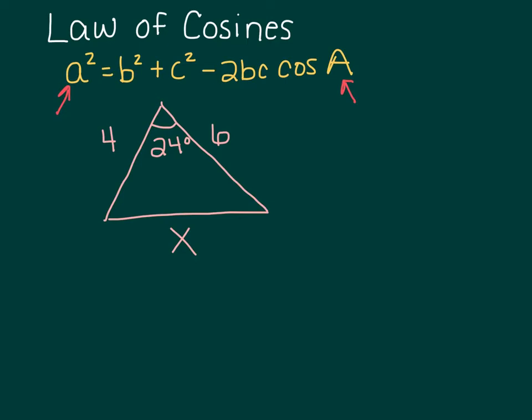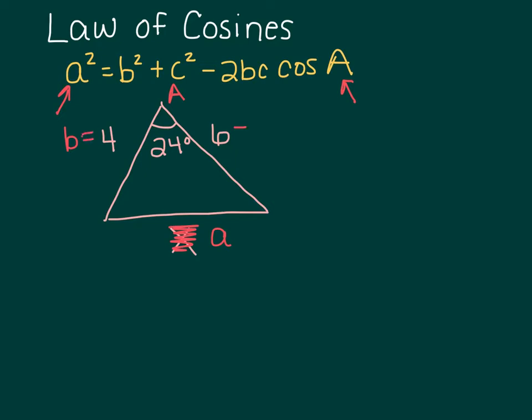Again, what I always do is say to myself, what is it that I'm trying to find? I'm trying to find a side length. So instead of x, I'm going to rename this a, lowercase a because it's a side length. The angle that's across from it becomes angle A. The other two sides are just B and C, and it doesn't matter which is which.